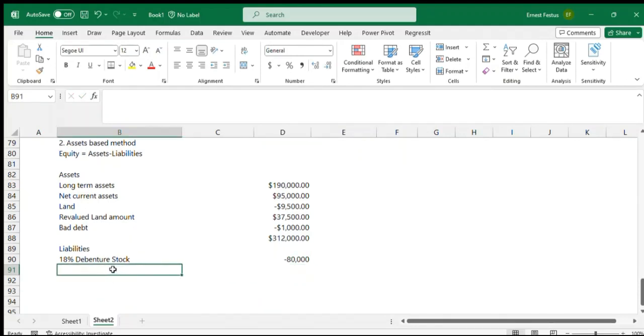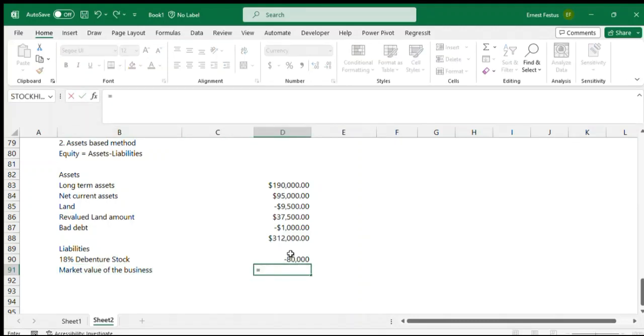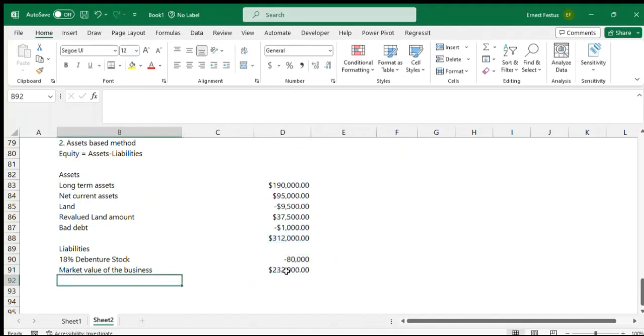And so our value, the market value of the business, will be equal to this minus, okay, so it's already minus, so I'll add plus this, and that is 302,000.